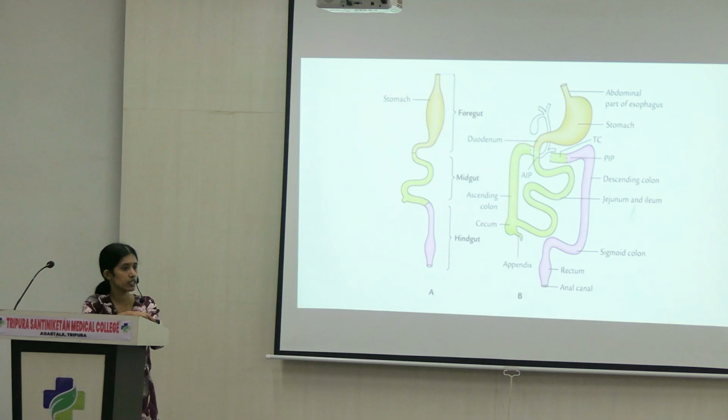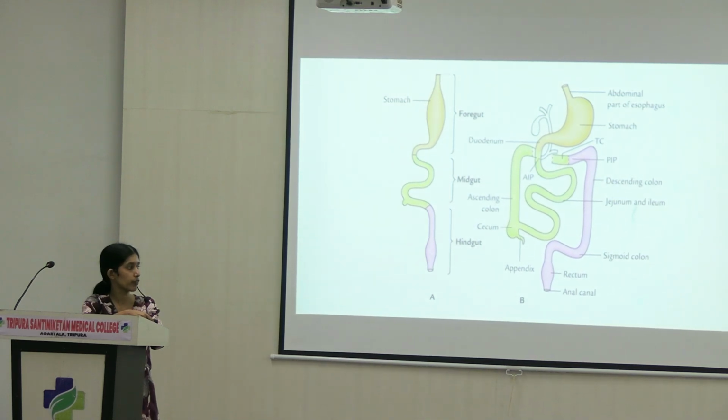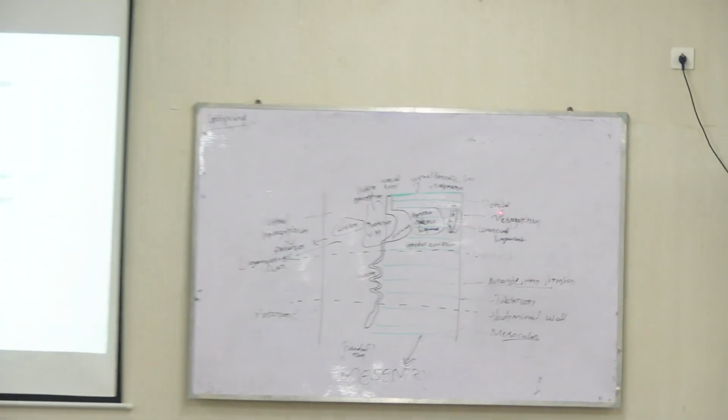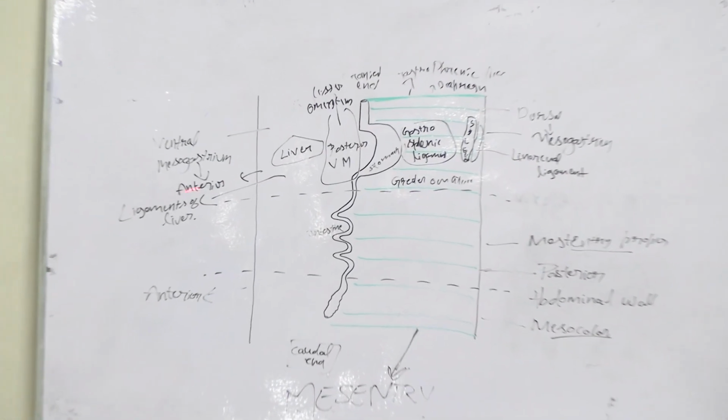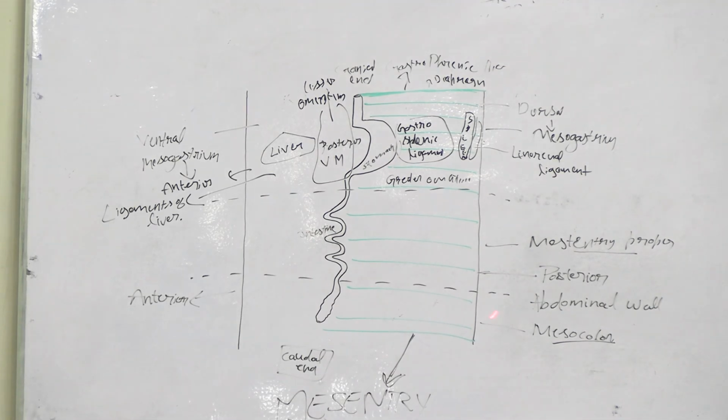In the intestinal region we call it mesentery proper, and at the caudal end we call it mesocolon. In the mesogastrium we have two parts: the ventral front part and the back part, the dorsal mesogastrium. Again in the ventral part we have an anterior part and a posterior part, divided based on the position of the liver.